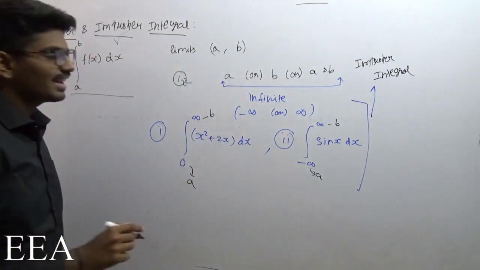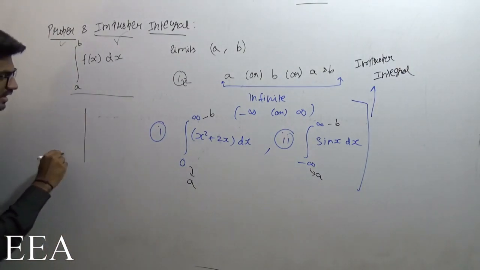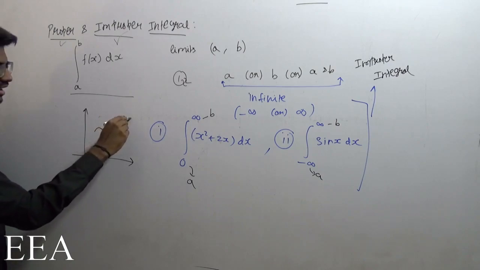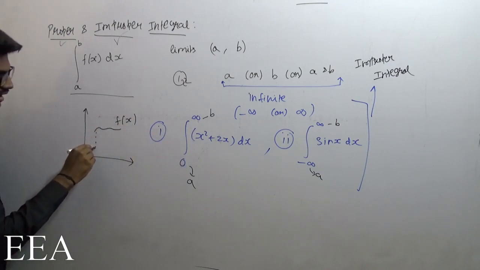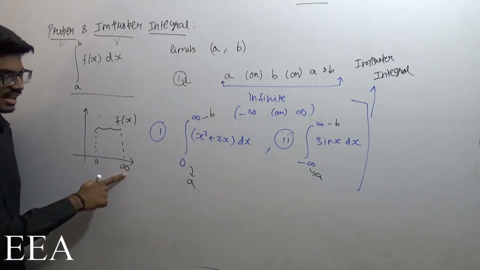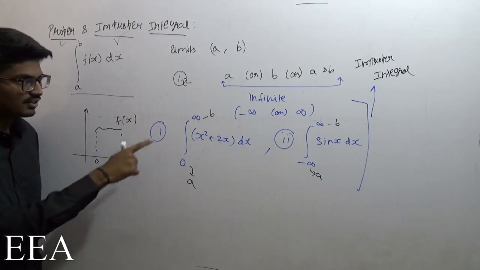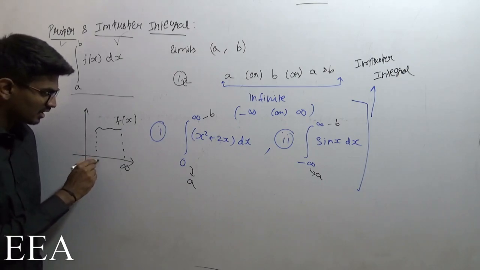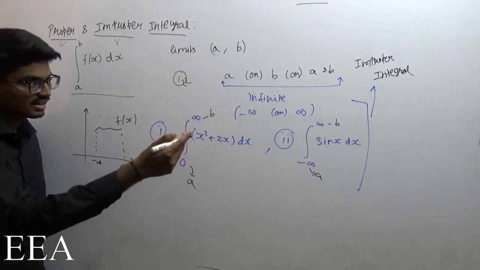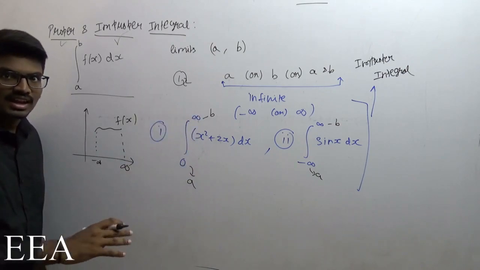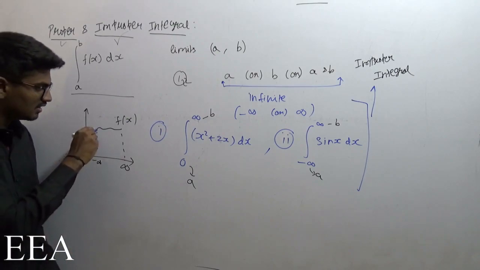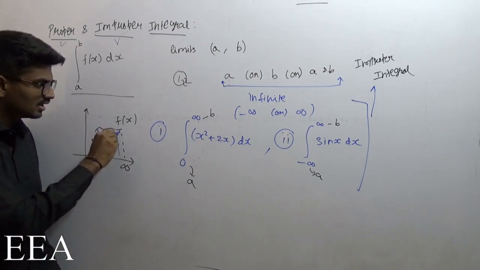So what does integration mean? Integration is nothing but, if I draw it as a curve, and if this is f of x, for the first example it is between 0 to infinity, but this infinite value cannot be defined, right? For the second example it is minus infinity to infinity. So the integration of sin x dx, or integration of any f of x dx, tells you the area below that particular curve.